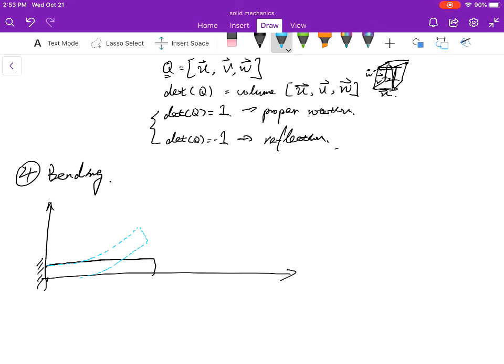For a material point, we have here to here, so we call this v, a function of uppercase X. Also, as you see, the axis moved from here to here, so we have a rotation, and we call the rotation angle theta.